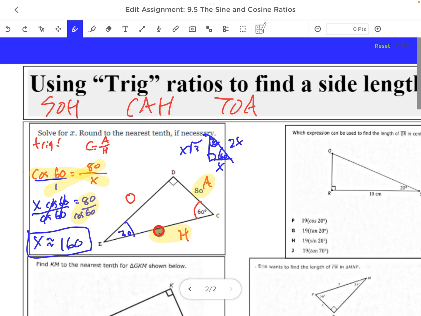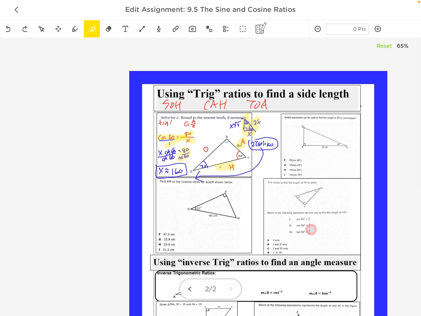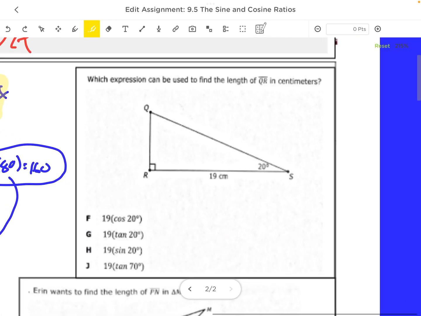Well, the short side was 80, so the hypotenuse is 2 times it. 2 times 80 equals 160. So it's a different way of finding that same answer. We could have used our special right triangles, or we could just use trig. All right, keeping that in mind, let's keep it moving.